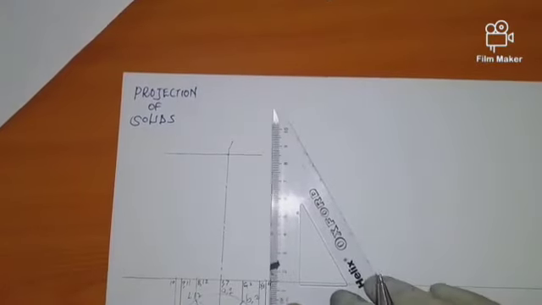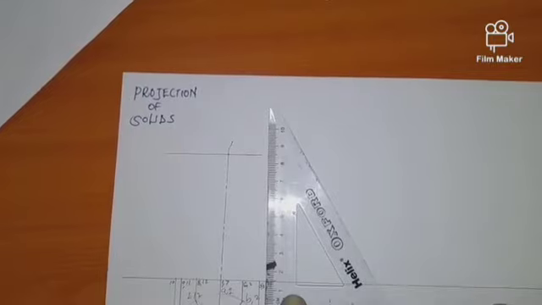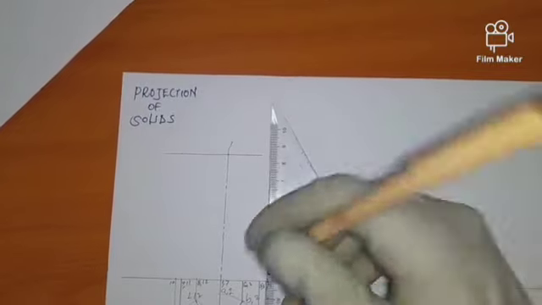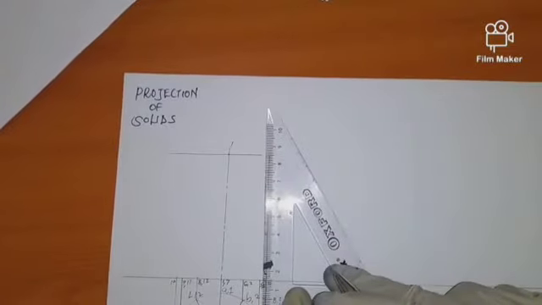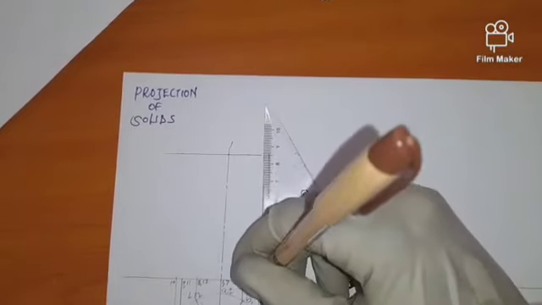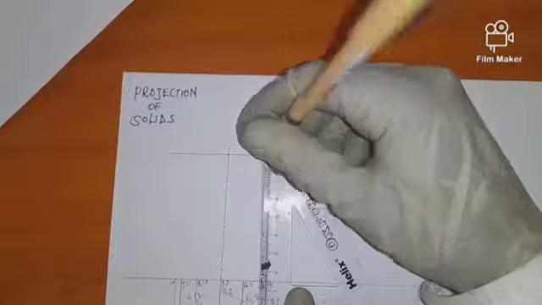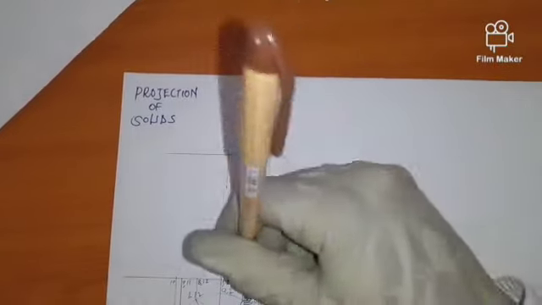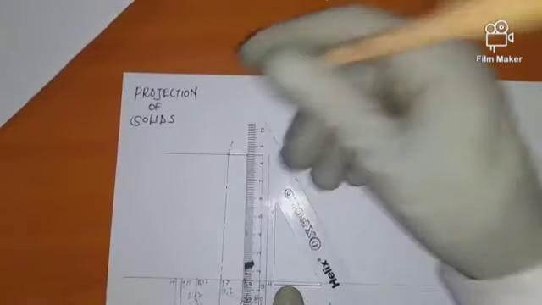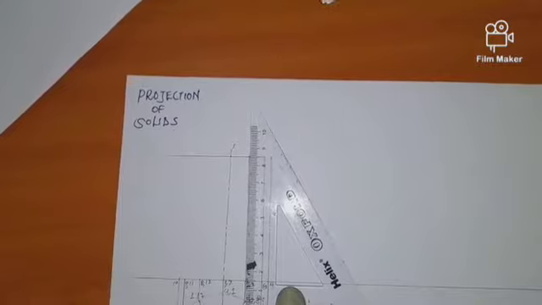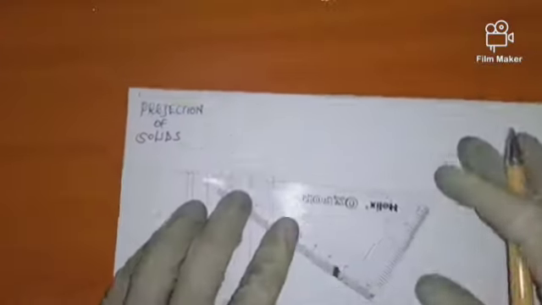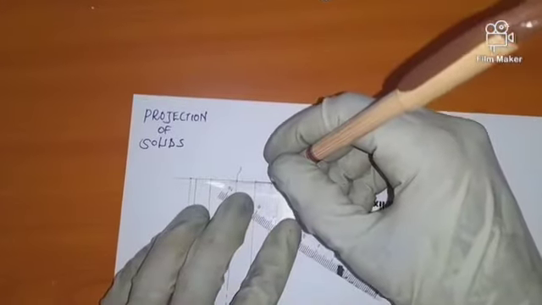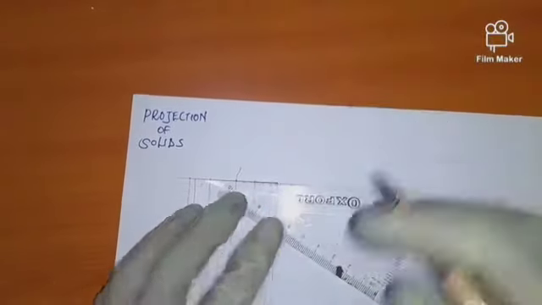This one goes, this one goes as well, this one goes. So once we have projected, let's complete this line. Once we have projected, we are fulfilling the first condition.